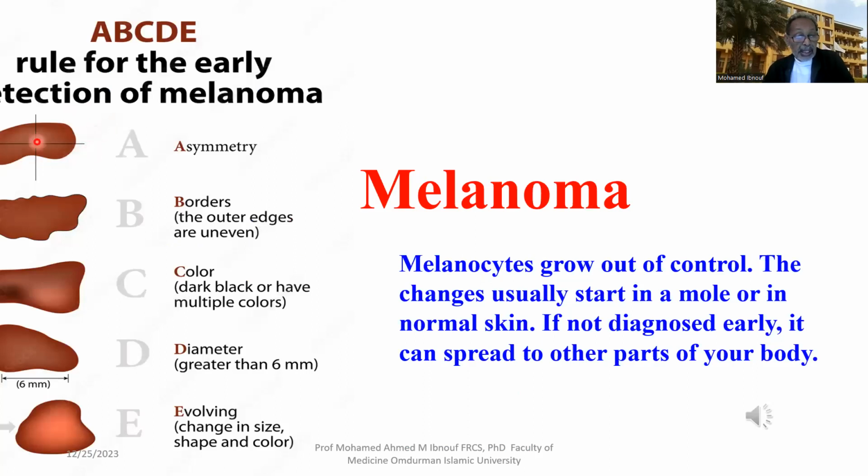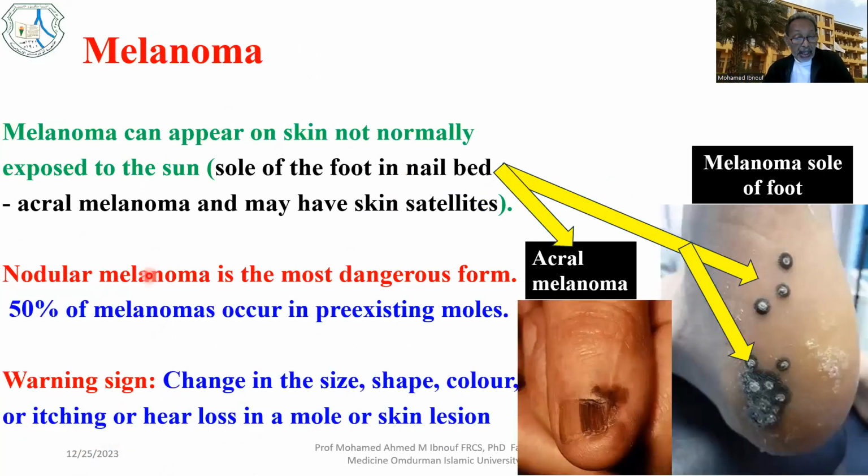Usually there is asymmetry between the different quadrants, A. And B, the borders are usually irregular or uneven. And C, the color is usually different from one area to another in the ulcers. And D, the diameter is usually more than 6 millimeters, and it is evolving, that is, it is increasing in size with time.